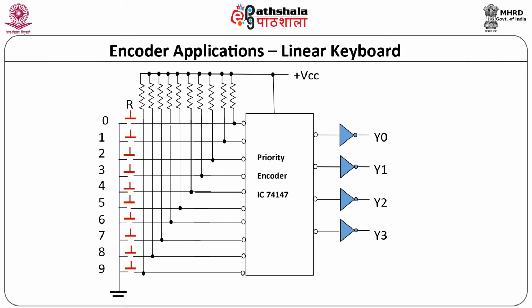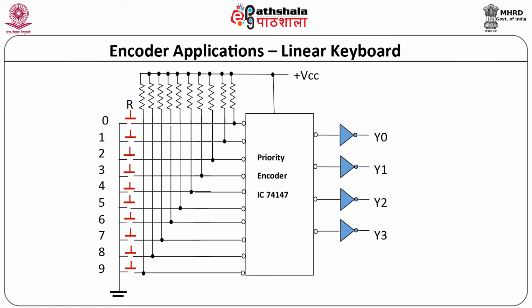For electronic calculators, there are 10 switches for decimal numbers 0 to 9 and some function keys. When a digit is pressed, the internal circuit understands which key is pressed and the keyboard encoder will give a code corresponding to the key pressed. This diagram indicates linear interconnection of 10 keys for encoding purpose.